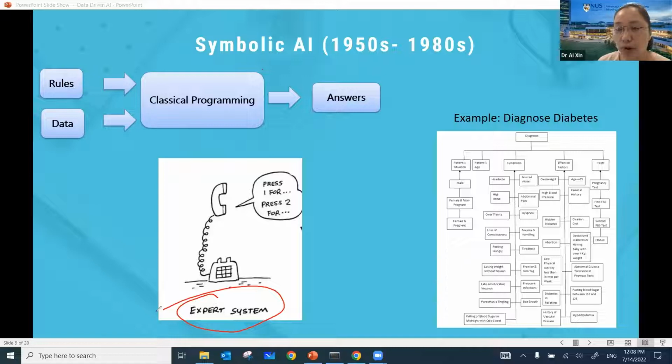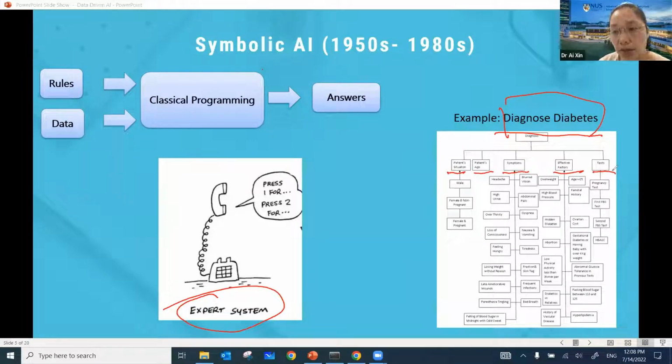Expert systems are also very useful in medical diagnosis. You don't need to read through all the diagram; I'm just showing it. Basically, people developed an expert system to diagnose diabetes. You can see there are many different rules to diagnose whether a patient has diabetes. You need to check the patient's situation, age, some symptoms, some factors, and some test results. All those details are hard-coded.